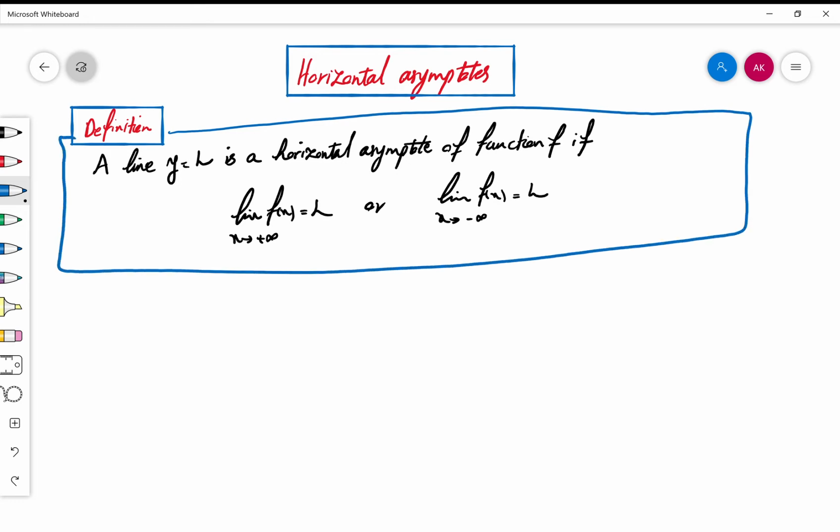What it means is that whenever you have a limit at infinity, that defines a horizontal asymptote.